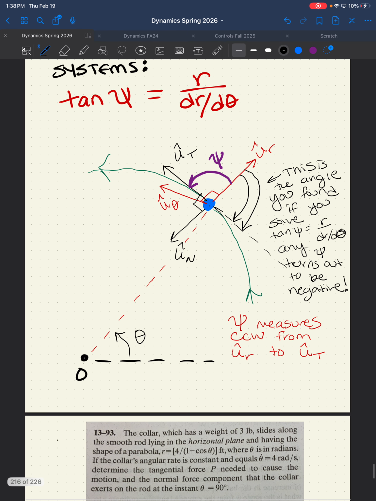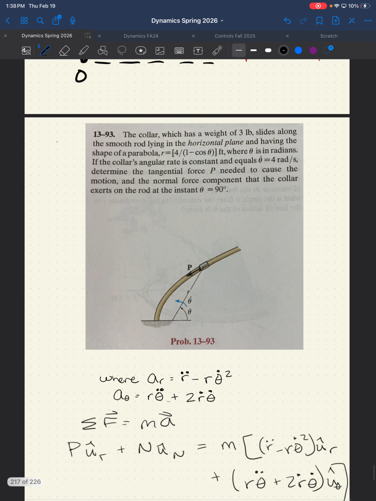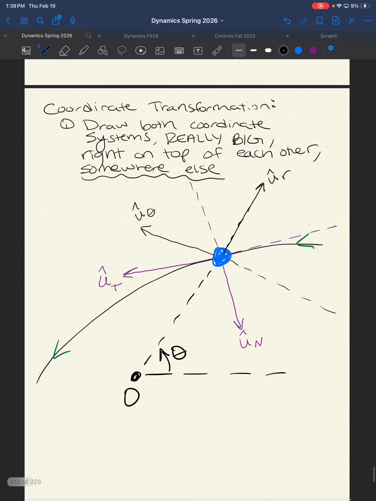At this point, we have to decide whether we want to convert everything into r thetas or we want to convert everything into NTs. What are we thinking?